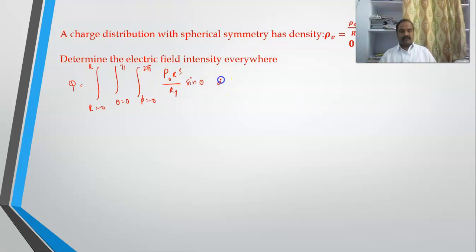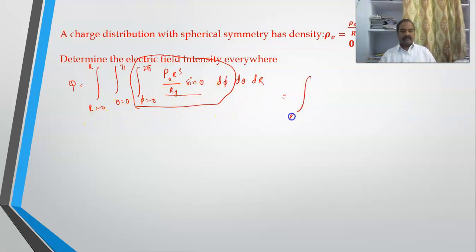First I will do it with d phi, next d theta, and next dr. The choice is ours. There is nothing like phi here, so it will be entirely treated as constant.